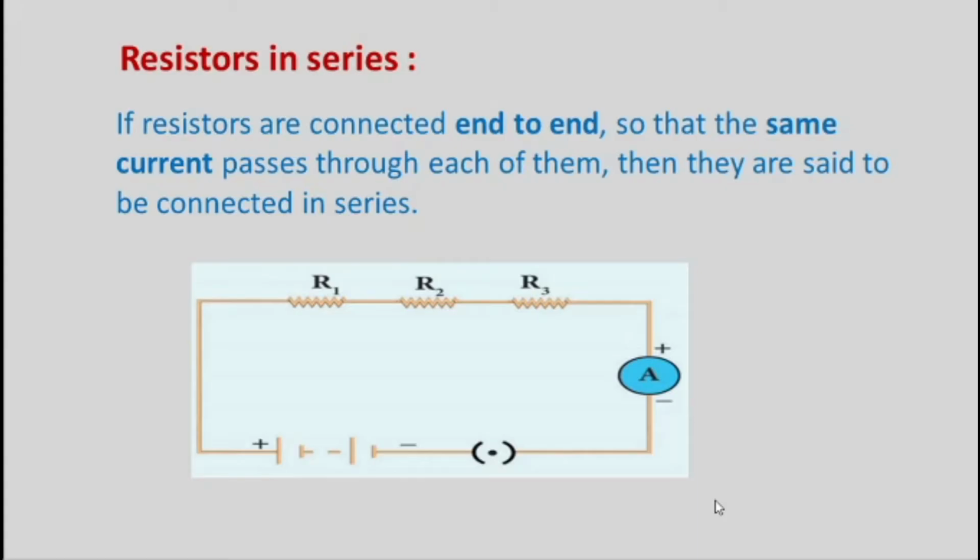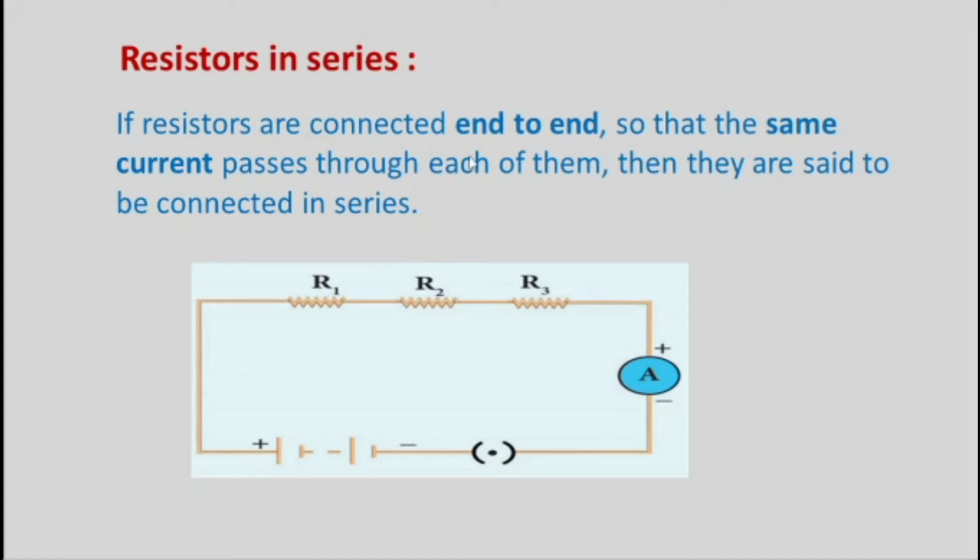Resistors in series. You see the diagram. Here we take three resistances R1, R2, R3. So three resistors are connected end to end. The second end of R1 is connected with R2. Then the second end of R2 is connected with R3. So R1, R2, R3 are the resistances of three resistors.